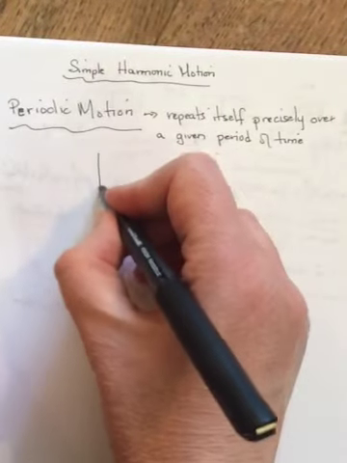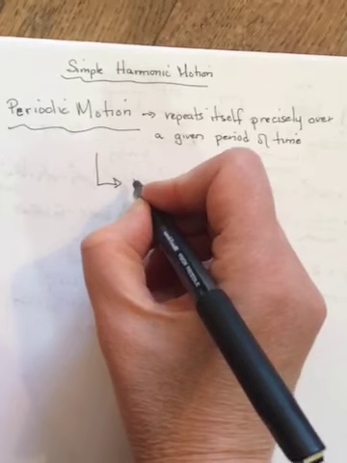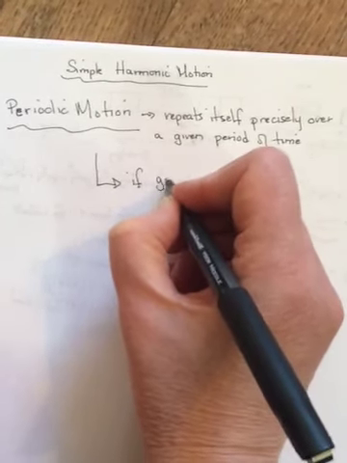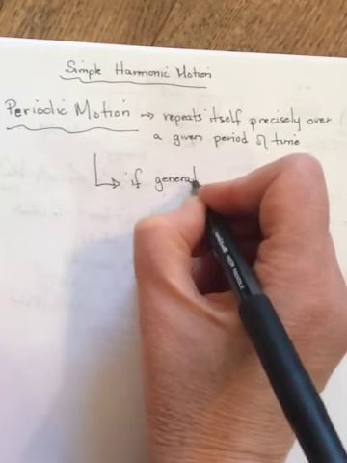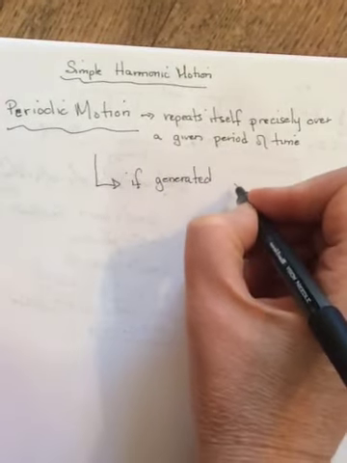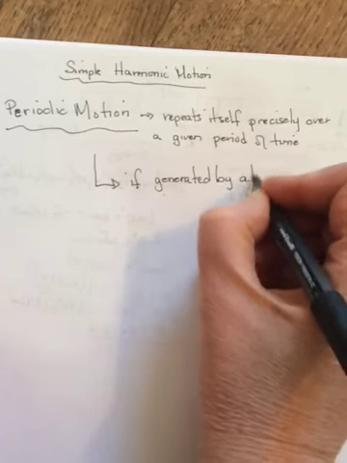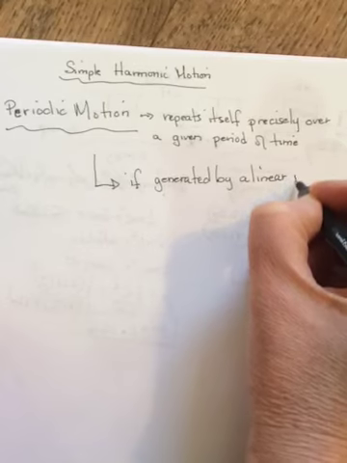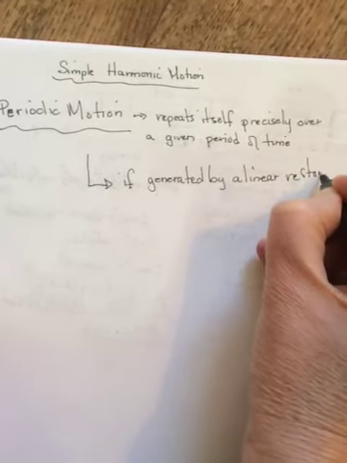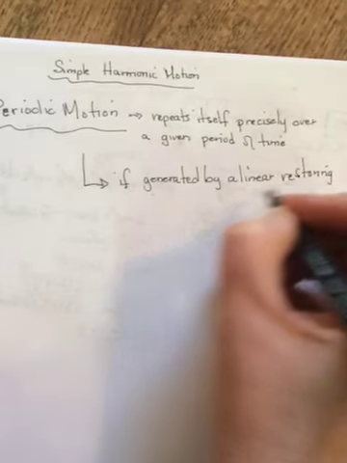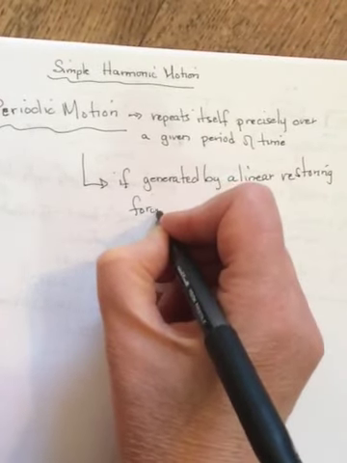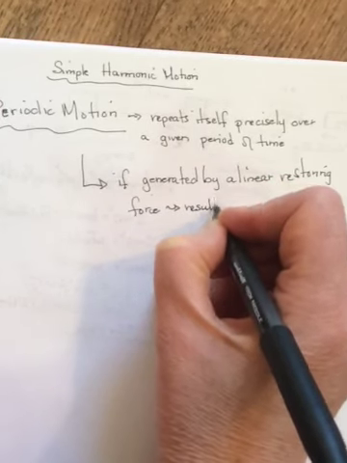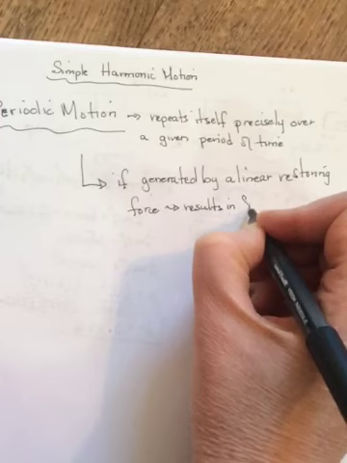Now, if this periodic motion is caused by a linear restoring force, and I'll explain what a linear restoring force is in a minute, then the result is simple harmonic motion.